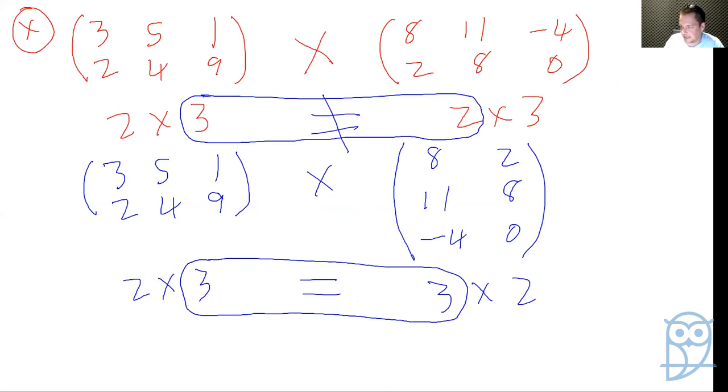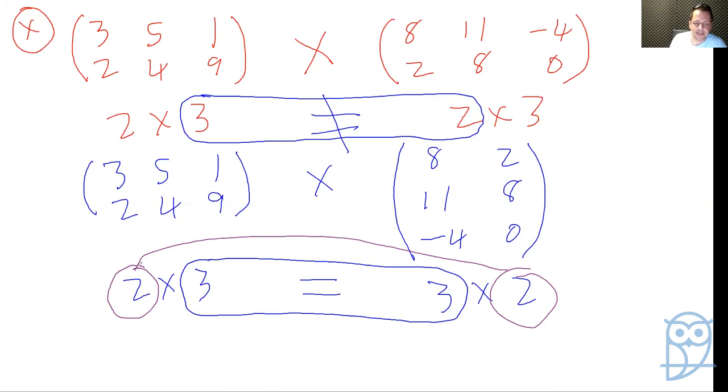Even more interestingly, not only do these two numbers have to be equal and tell you something, these two numbers will actually give you the dimensions of the resulting matrix. So after you multiply these two matrices together, your answer is going to be a 2 by 2.